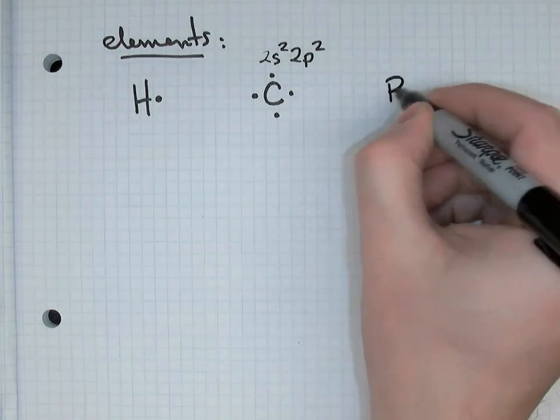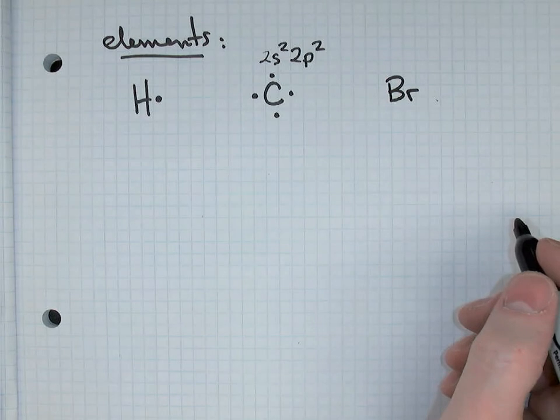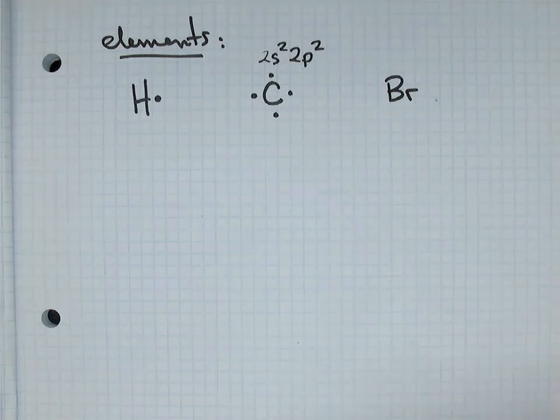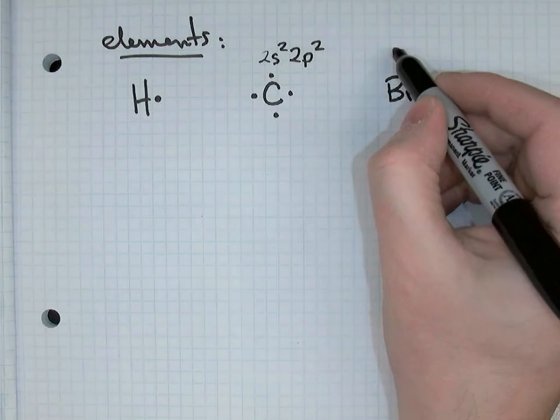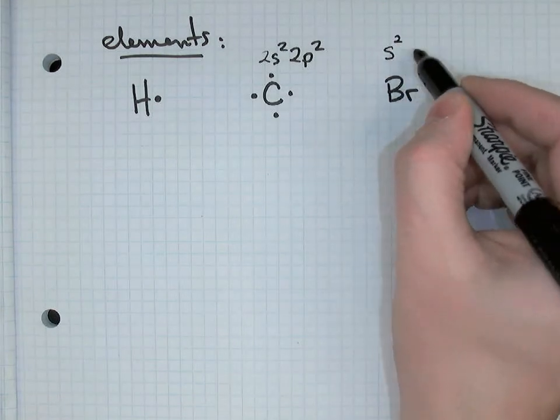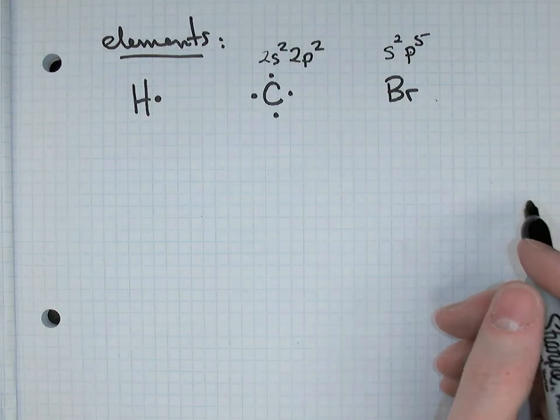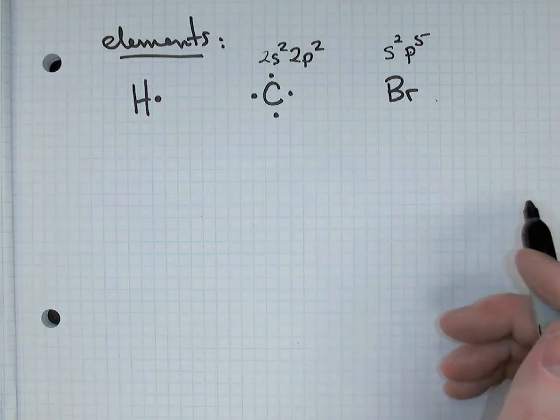Bromine is a halogen. The halogen family is in group 17 on the periodic table, and their electron configurations all end in s2 and then p5. For bromine, that would be 4s2 and 4p5.